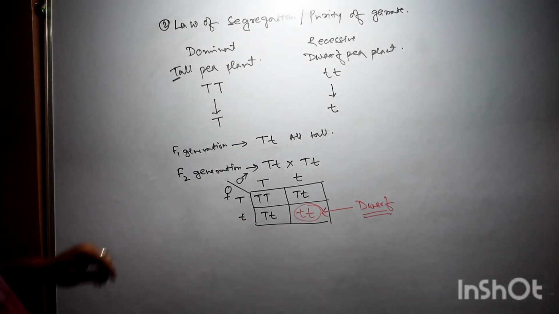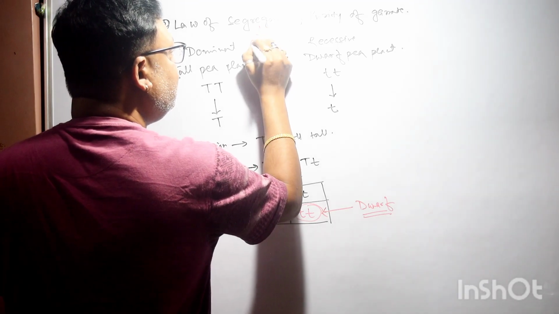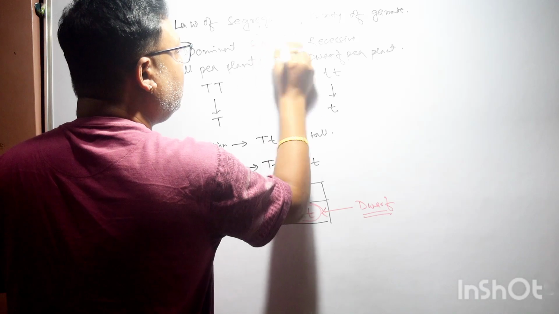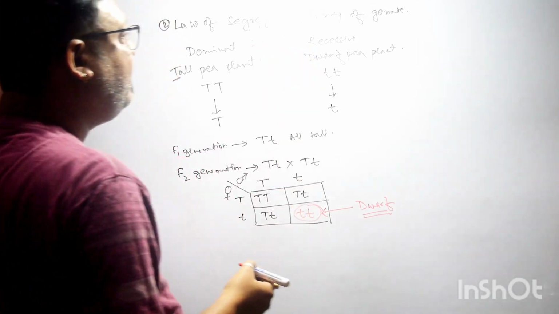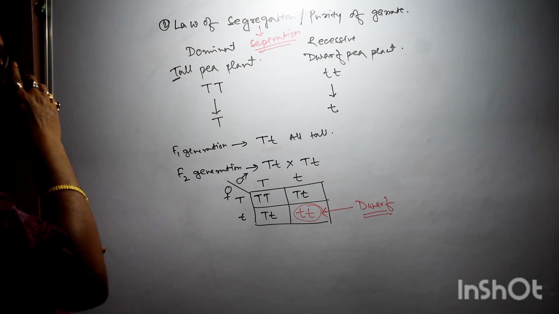So we are getting a dwarf plant from all tall plants. Now, segregation means separation, and purity means that it can maintain or retain its own characters, it won't blend.